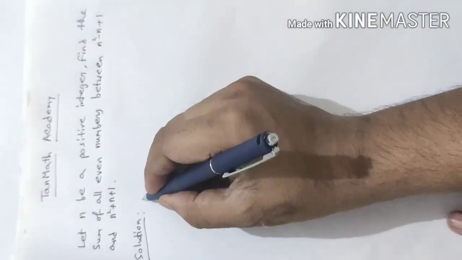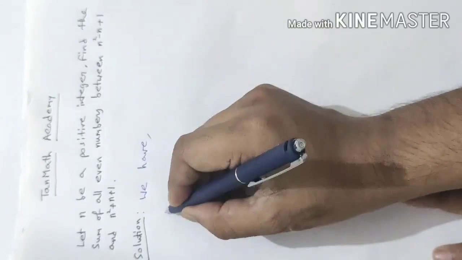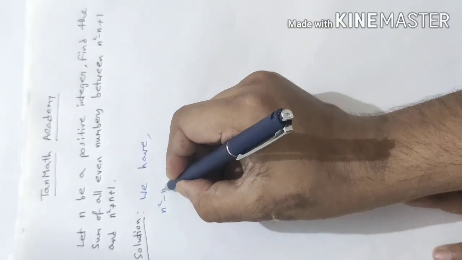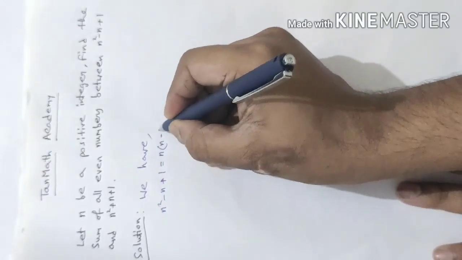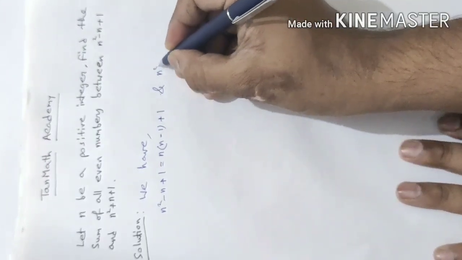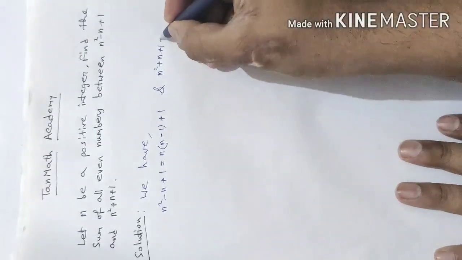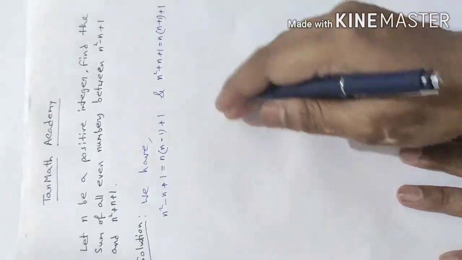We have n square minus n plus 1 can be expressed as n into n minus 1 plus 1, and n square plus n plus 1 is equal to n into n plus 1 plus 1.